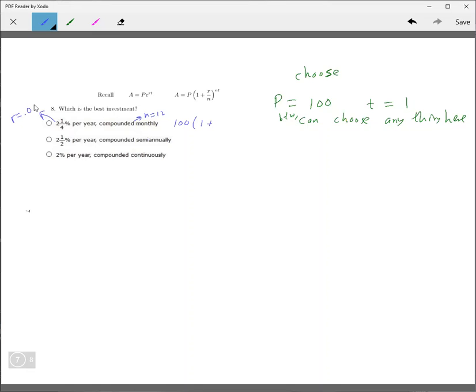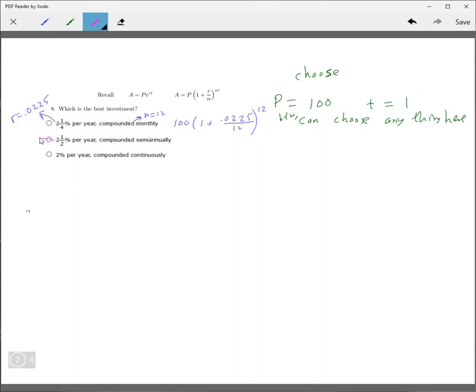So that would be 0.02, 1/4 is 0.25, so 25. Okay, so 0.0225 over 12 raised to the 12 times 1, raised to the 12th power. So that would be the first one.